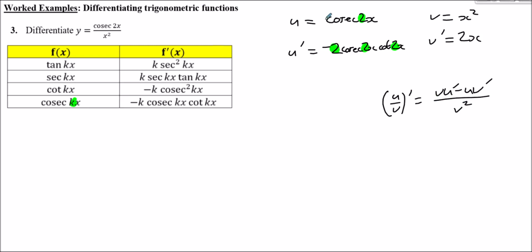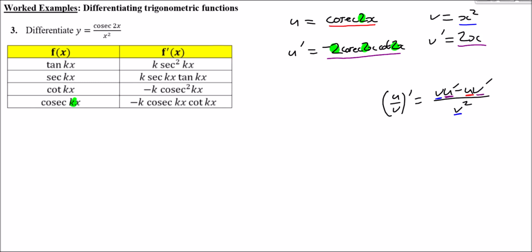If I let u be cosec 2x, then u dashed is this, which of course it is. v is x squared, and v dashed, therefore, is obviously 2x like we said before.